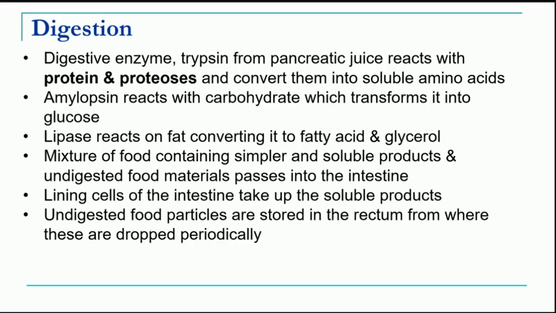So now the mixture of food, which contains the simple and soluble products and also some undigested food materials, passes into the intestine. In the lining of the intestine, absorption of the food takes place, and all the soluble products are absorbed in the small intestine. However, the undigested food material is stored in the rectum, and later on it is expelled from the body periodically through the rectal opening, the anus.